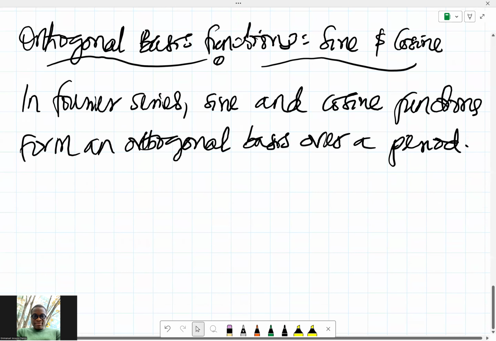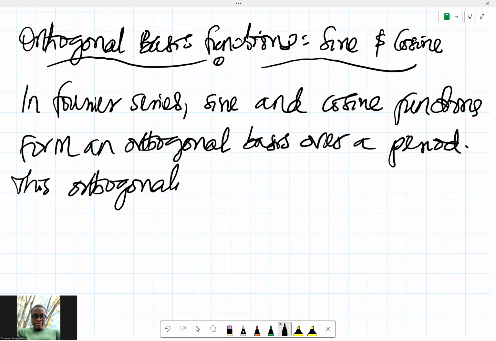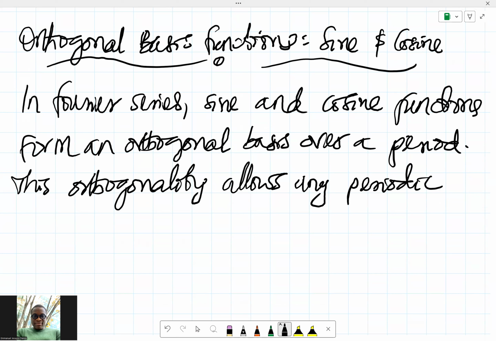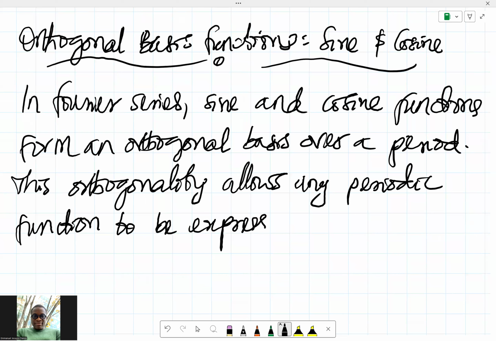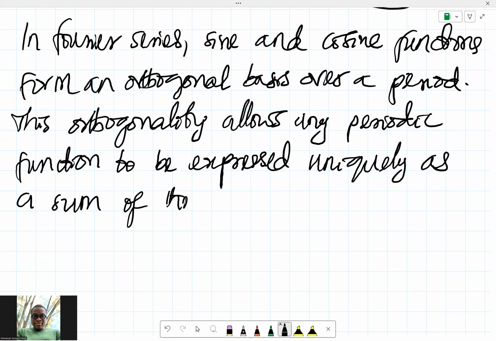This orthogonality allows any periodic function to be expressed uniquely as a sum of these basis functions.